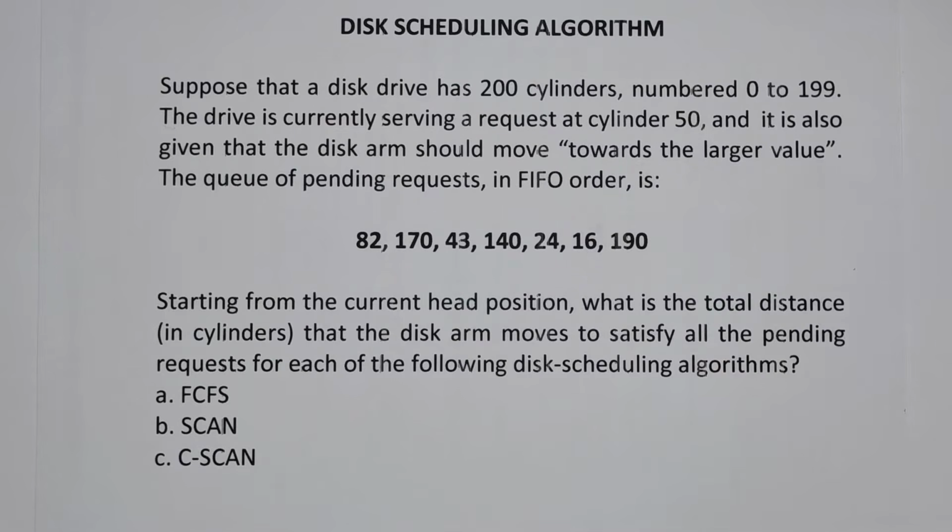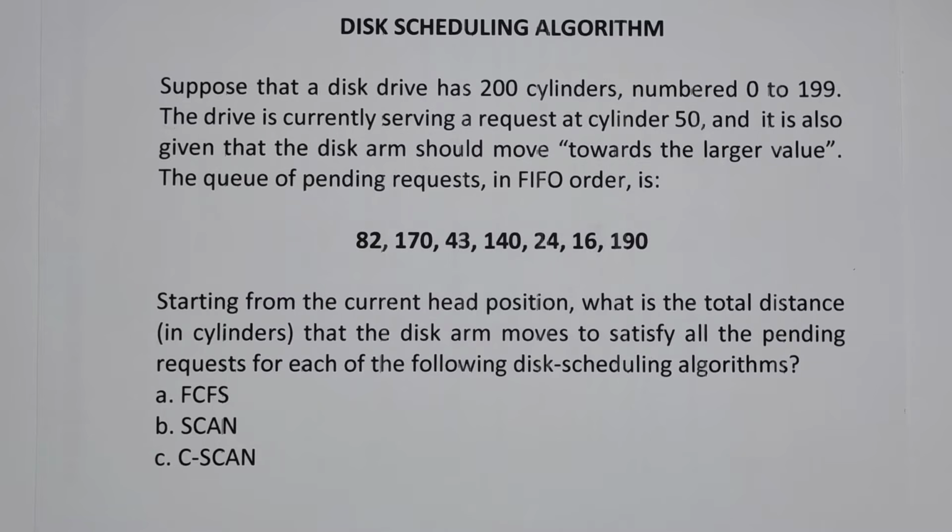Suppose that a disk drive has 200 cylinders numbered 0 to 199. The drive is currently serving a request at cylinder 50, and it is also given that the disk arm should move towards the larger value. The queue of pending requests in FIFO order, or first in first out order, for the cylinders is 82, 170, 43, 140, 24, 16, and 190.